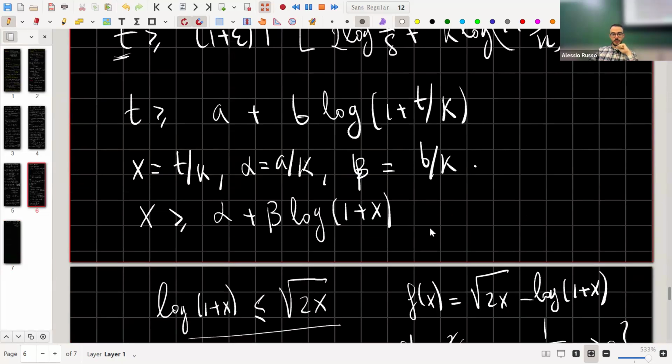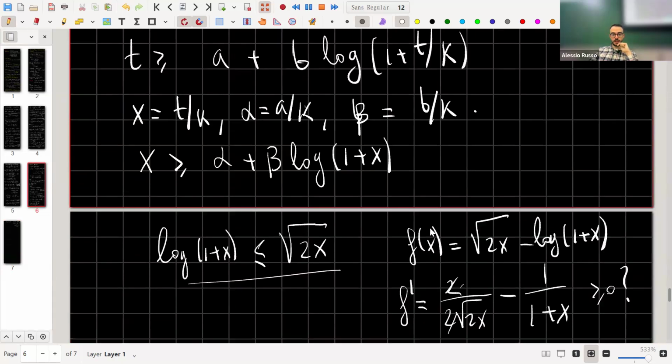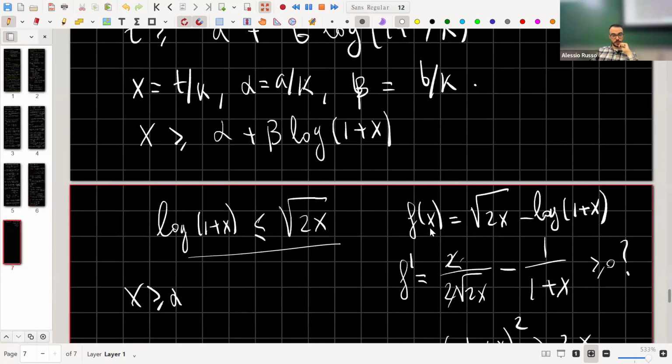So any x that satisfies this inequality here is also an x that satisfies this inequality, because this quantity is bigger than this quantity.